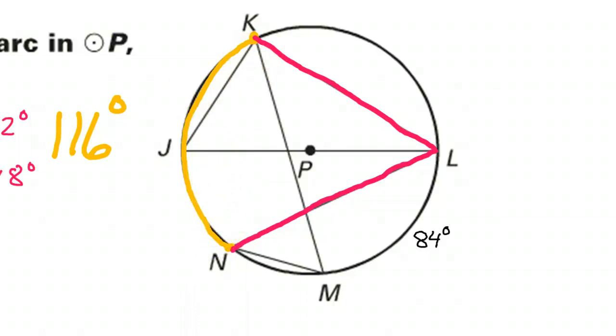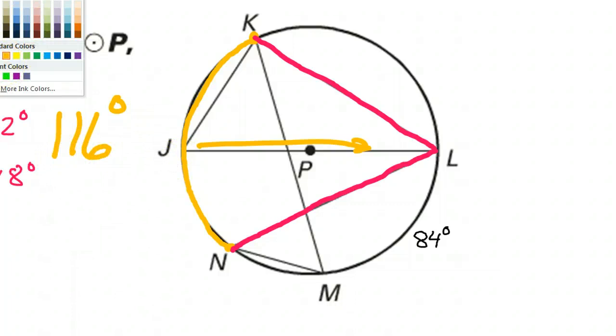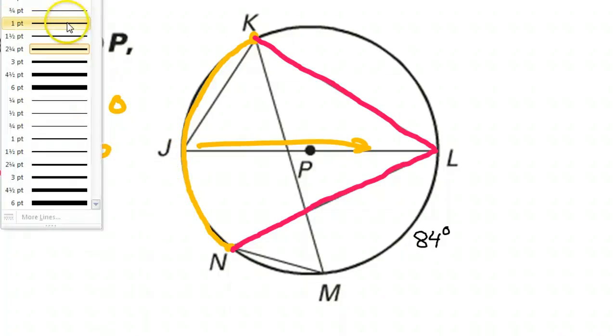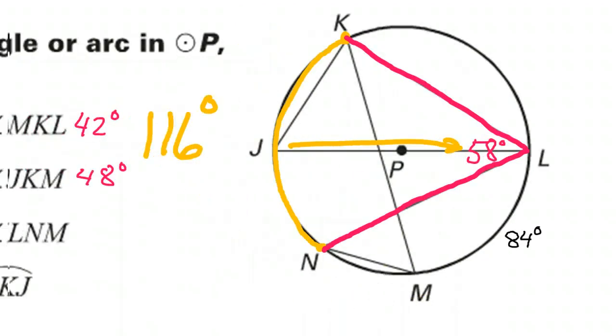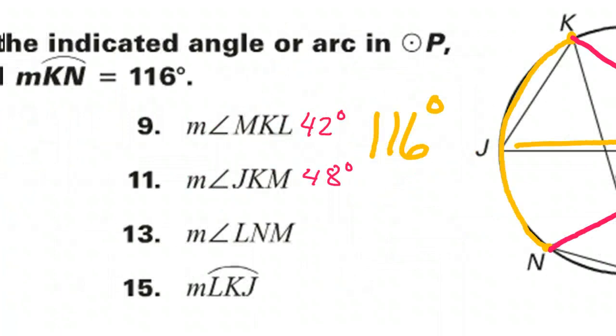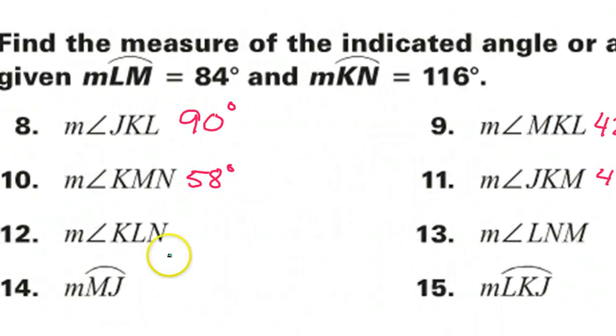So, if I want to find the inscribed angle, I'm just going to do half of this. So again, that's 58 degrees.